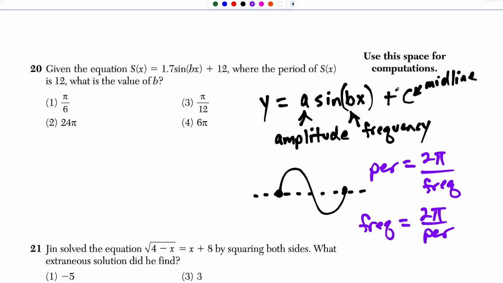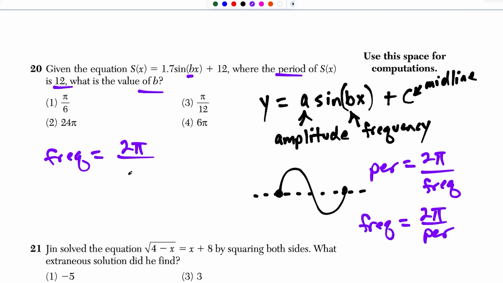I think about the anatomy of the equation, and when they're asking us here, what is the value of b? B represents the frequency in this case because it's the coefficient of x. So what I'm going to say here is that the frequency is equal to 2 pi divided by the period, and they told us the period of our function is 12.